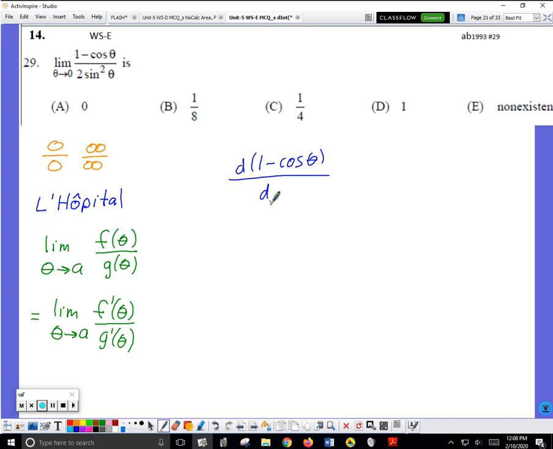When using L'Hopital's rule, it's got to be d of whatever the limiting variable is, theta. So this is equal to, let's see, the derivative of 1 is 0. The derivative of the cosine has a negative sign. So I figured out that the derivative of the numerator is just sine of theta.